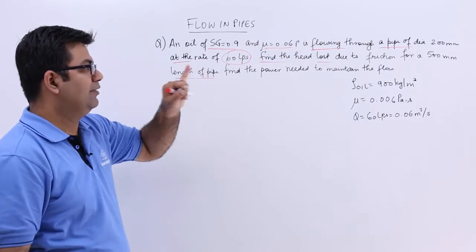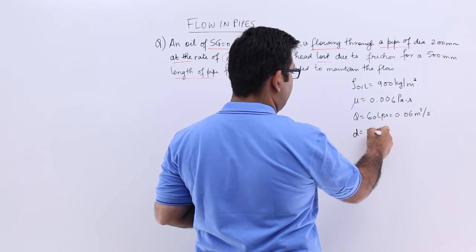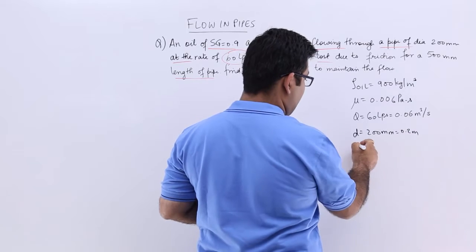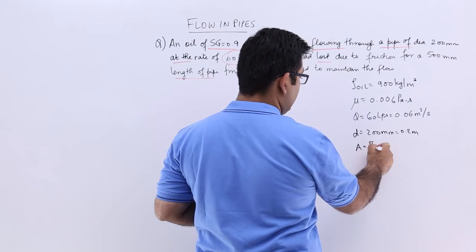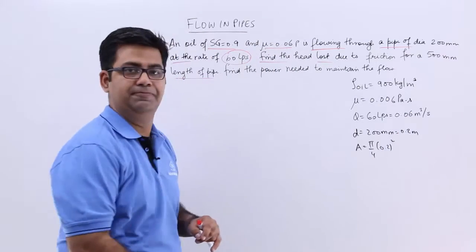Okay, you have the dia of the pipe. So dia of the pipe is how much? 200 mm, which is 0.2 meters. So this gives us the area as pi by 4 into 0.2 square.